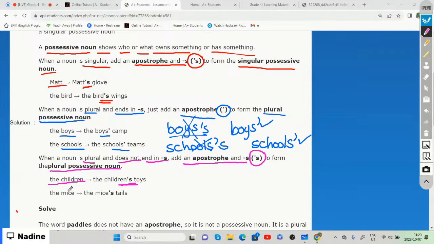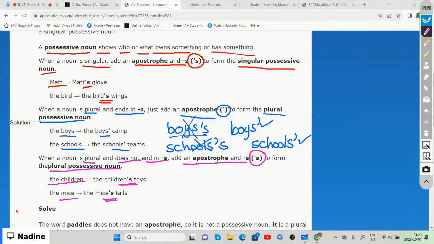The mice, right? Remember, the mice is the plural form of mouse. So one mouse, two or more mice. So there we can see mice refers to more than one mouse, right? So if we want to make mention of the mice's tails, then we just add the apostrophe and the S to the end of that word.